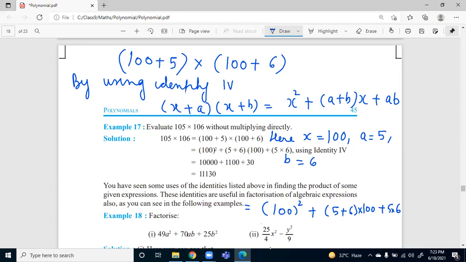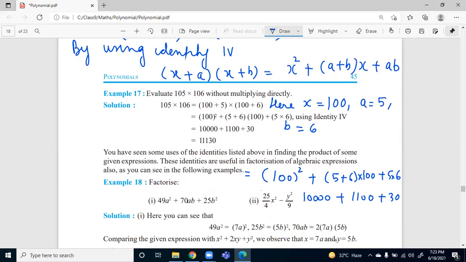When I square 100, I get 10,000, plus 5 plus 6 is 11 into 100, that is 1100, plus 5 into 6 is 30. So when you do each and every calculation, you will get 11130.